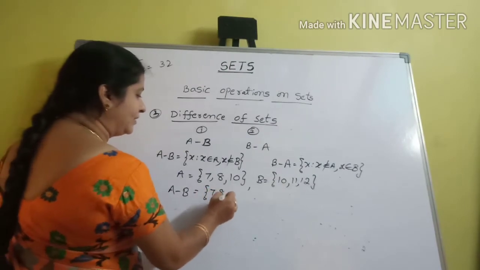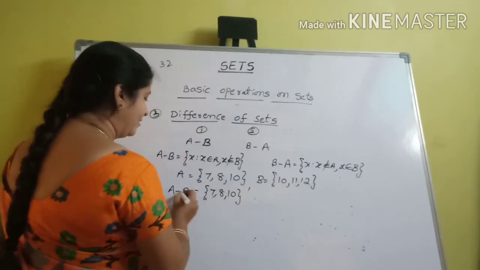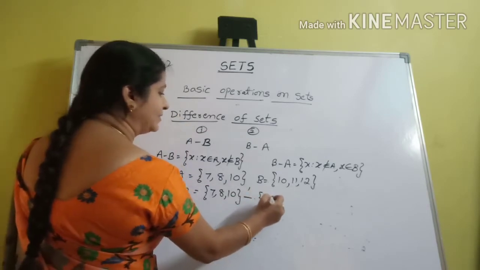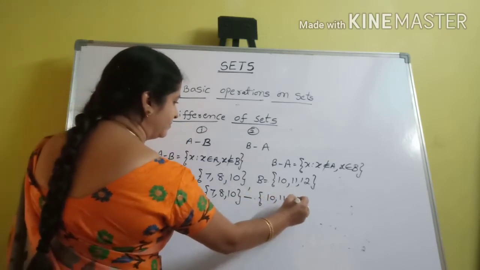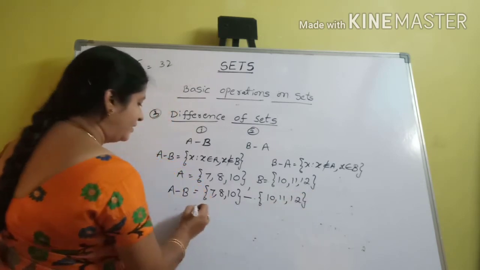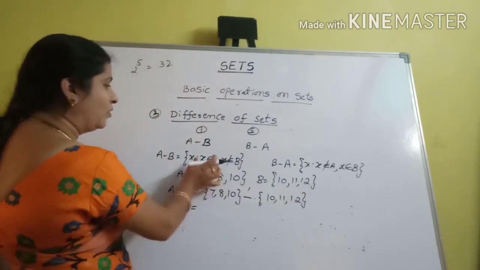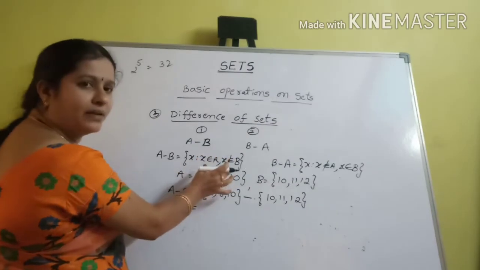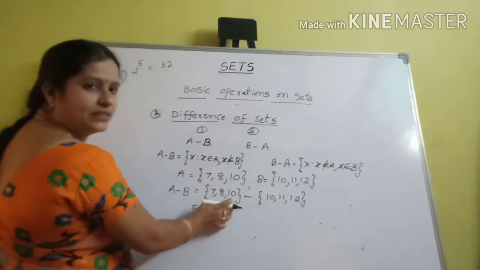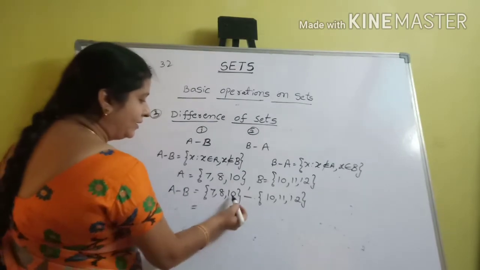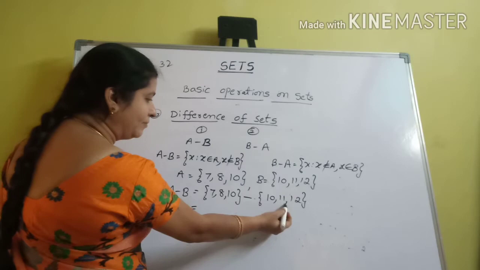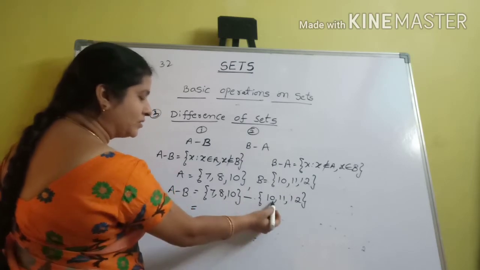First you have to write the set A, the middle one minus, second one set B. A minus B means X belongs to A and X does not belong to B, means only the elements in A. So here 7 is not in B, 8 also not in B, 10 is in B also.